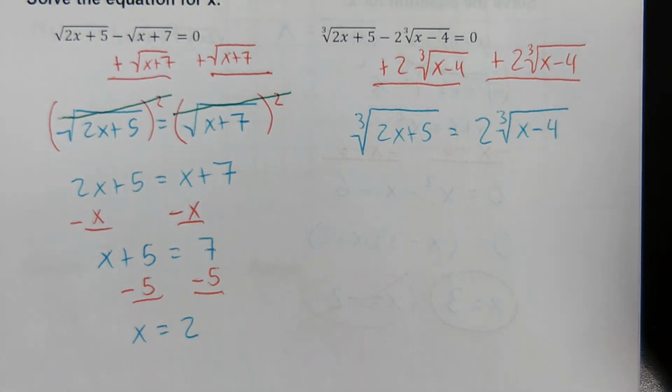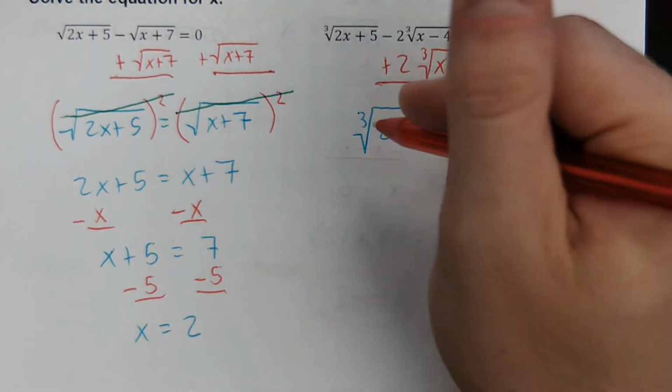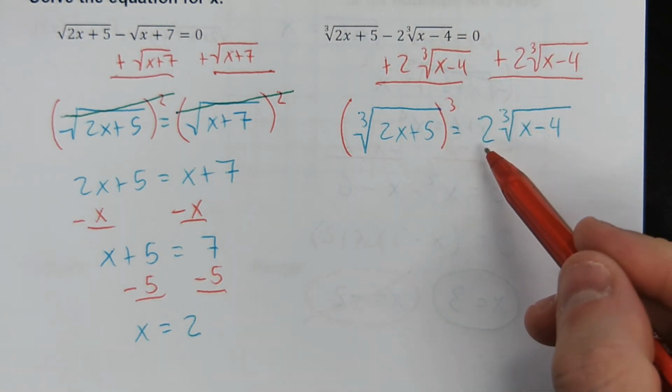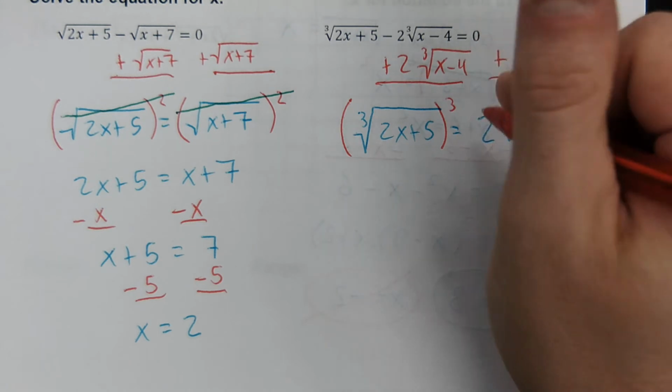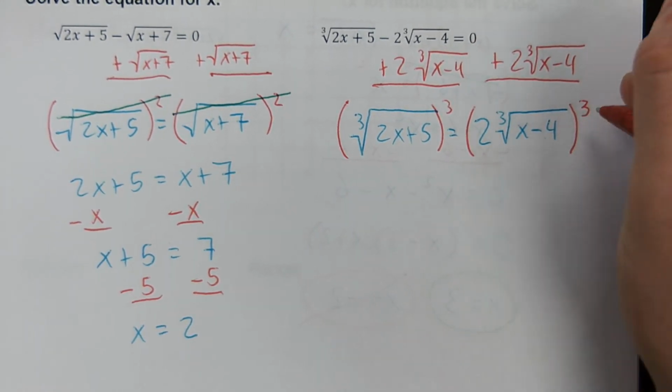Cancel third roots with third powers. So we raise both sides, the entire side, to the third power. That means I'm affecting this too as well. Like that.